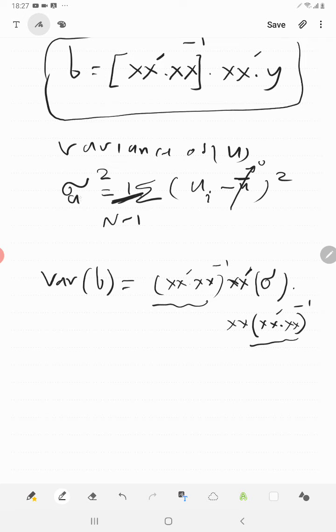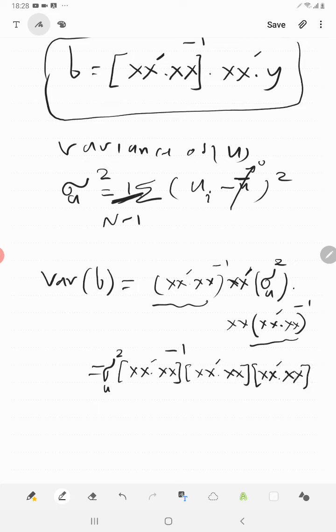Here sigma u squared is the variance of u. Since this is a constant, we can say this is simply (X transpose X) inverse, times sigma u squared times X transpose X, times (X transpose X) inverse.